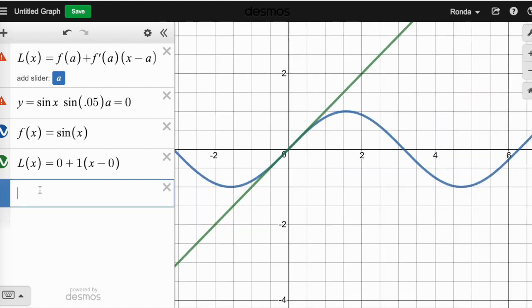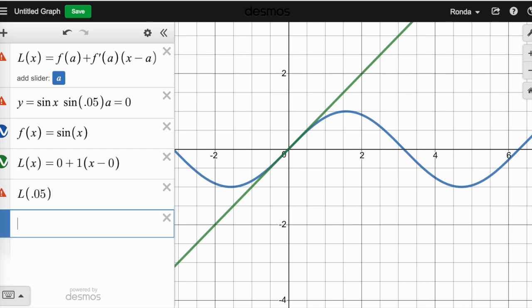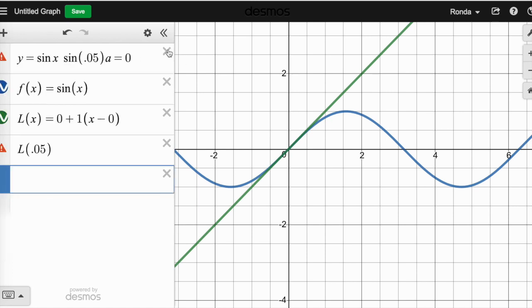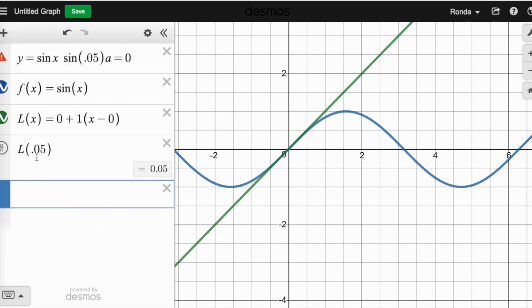So let me do my approximation for 0.05 using my L function. So I'm going to put in 0.05 for x. Oops, let me call it capital L so it matches. L of 0.05. Oops, that's because of this. I've got to take that away. So L of 0.05 is 0.05.